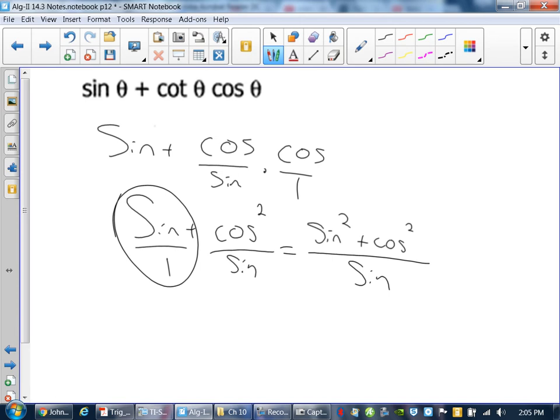What's sine squared plus cosine squared? 1. Which gives you cosecant. That's the trick a lot of times with these. That's the trick where you have to get yourself a common denominator to work yourself through.